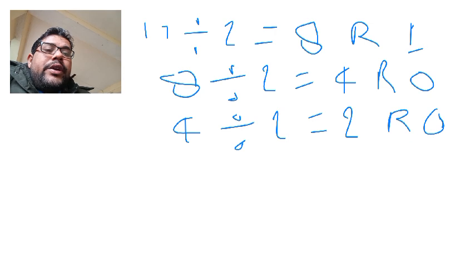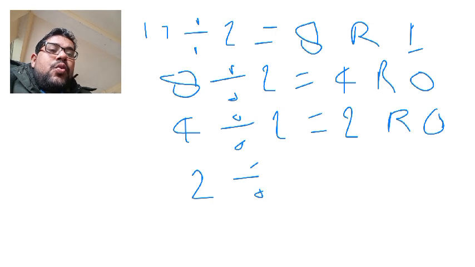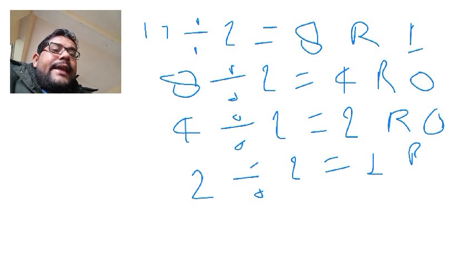Then this 2 is divided by 2 again, and it goes one time and the remainder is again 0.